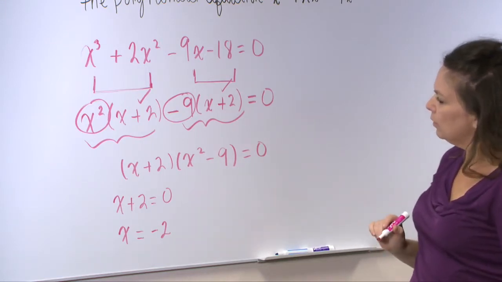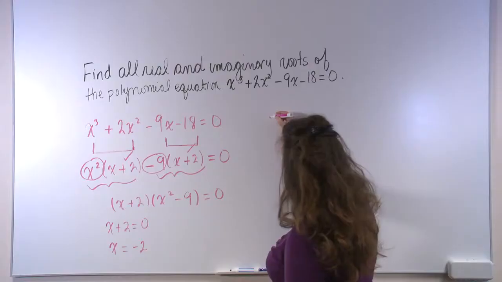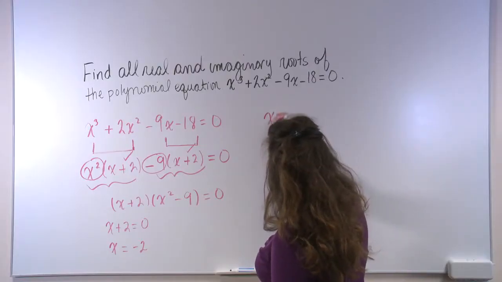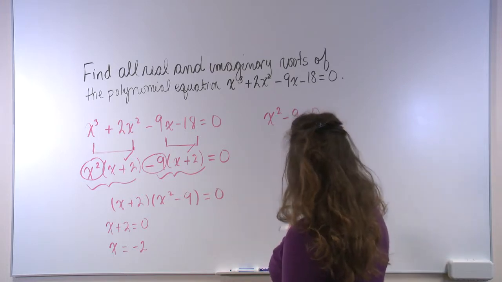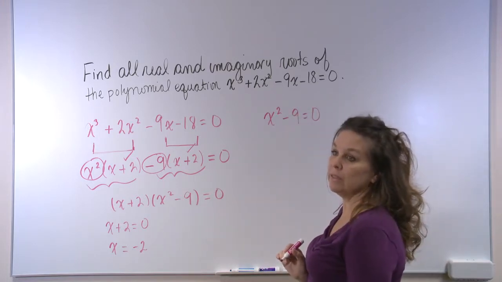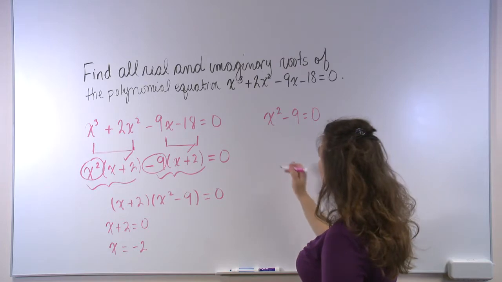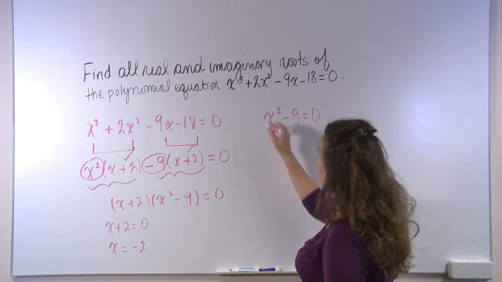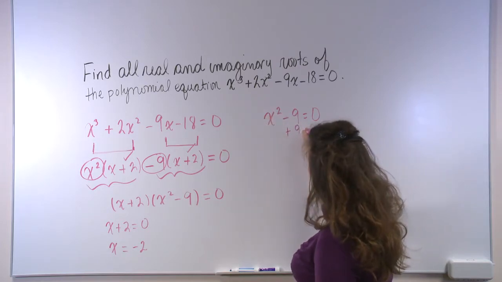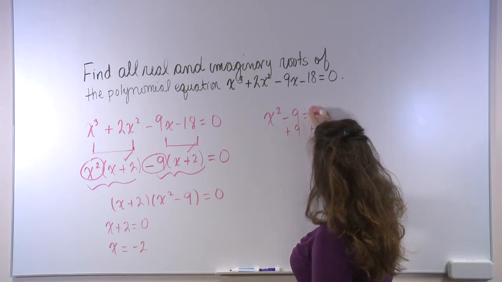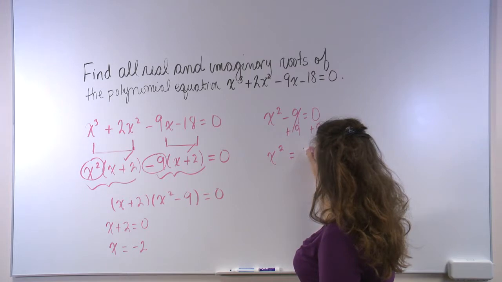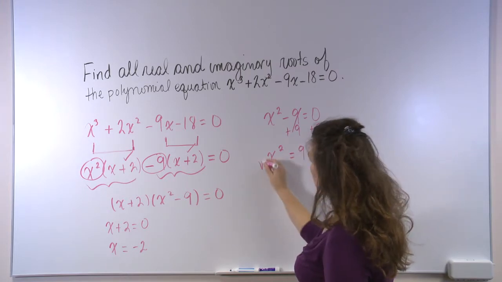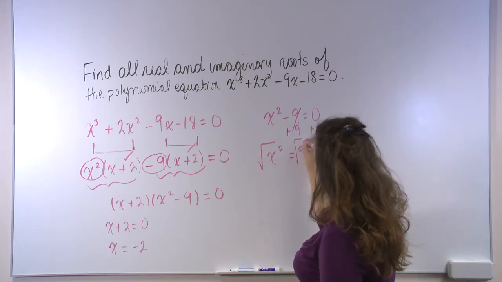And then I'll do the same for x squared minus 9. I'll come up here. So we have x squared minus 9 is equal to 0. And I'm going to solve this using the square root property. So I'm going to isolate the x squared in this case by adding 9 to both sides of the equation. So I have x squared is equal to 9, square rooting both sides.